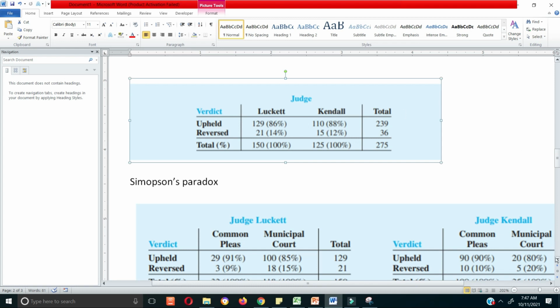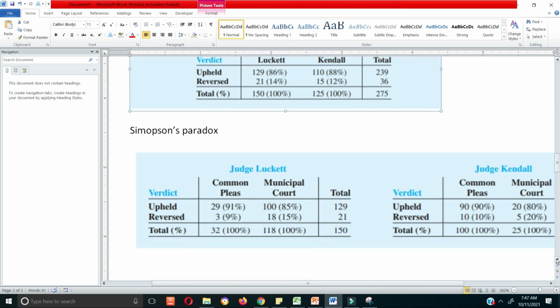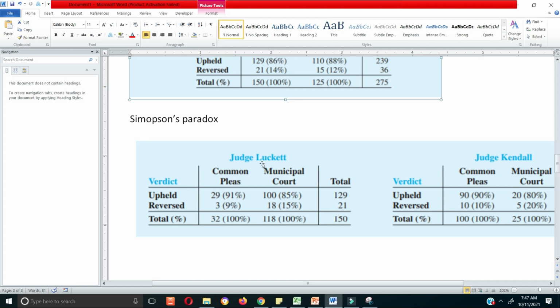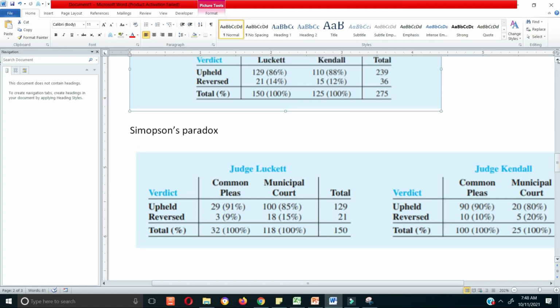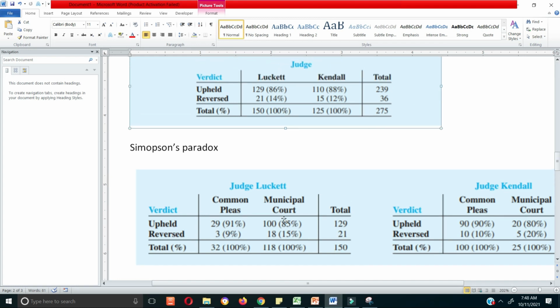But if you actually look at the cross-tabulations for the individual judge by type of court, you notice that Judge Luckett appears to be worse because of the summarized cross-tabulation, which is where the data is obtained from these two cross-tabulations.